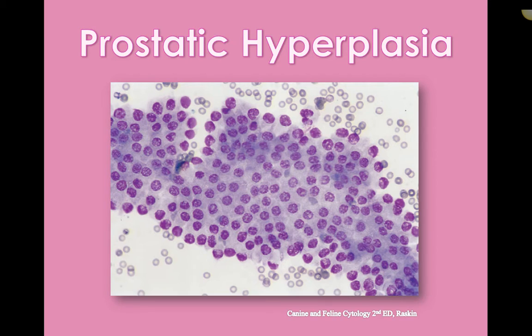However, in order to identify hyperplasia compared to benign neoplasia, histopathology would have to be sent out. We can suspect one versus the other, but there are not enough true cytological differences between benign neoplasia and hyperplasia for the vet tech or for anybody to absolutely confirm, yes, this is hyperplasia as compared to benign neoplasia.